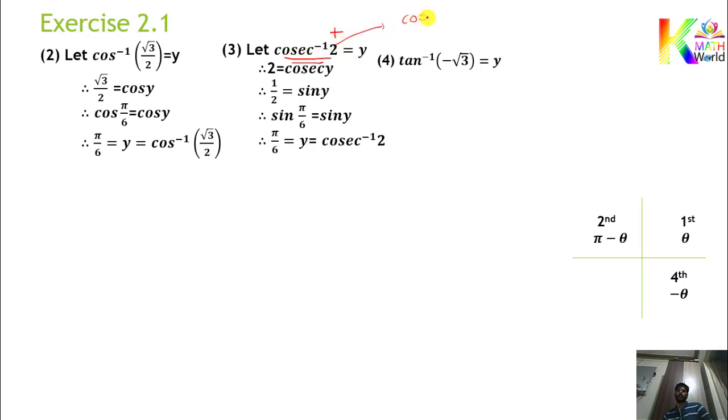As sin 30 is 1 by 2, cosec 30 will be 2. So you just need to write the angle. You got pi by 6. That is your answer, pi by 6.